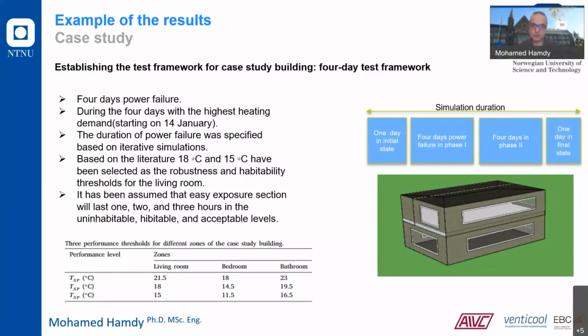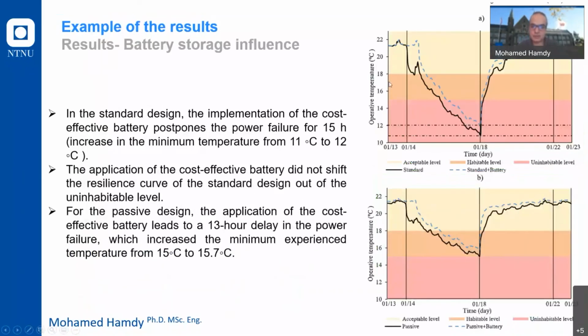We have to test all of them under the same conditions in order to compare and make benchmarking. These are the actual results of how operative temperature drops and recovers in different buildings. We can also test how battery and storage can reduce this degradation in different phases, whether this phase or the second recovery phase.